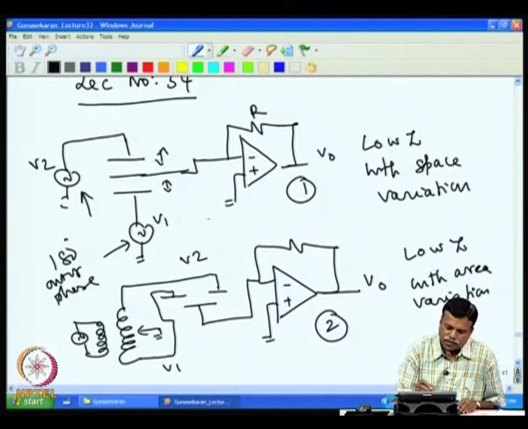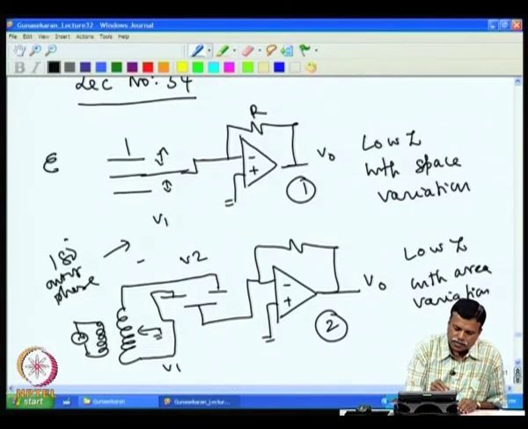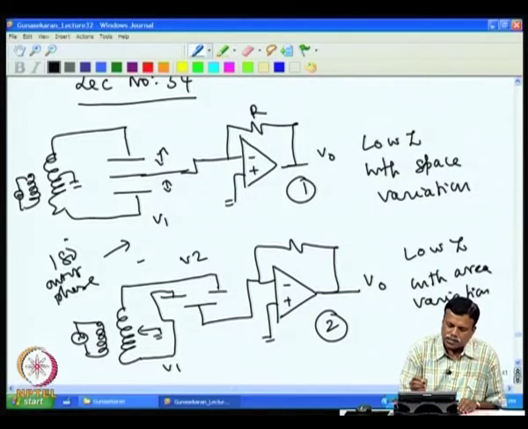If these two, V1 and V2, are from the same transformer, then they are identical voltages, but they are 180 degrees out of phase. Now, we can modify this by removing this and connecting a center tap transformer. So, one is energizing one plate, and another one is energizing the other plate. So, this is the AC that is coming here.